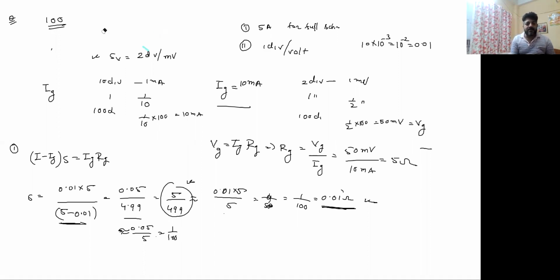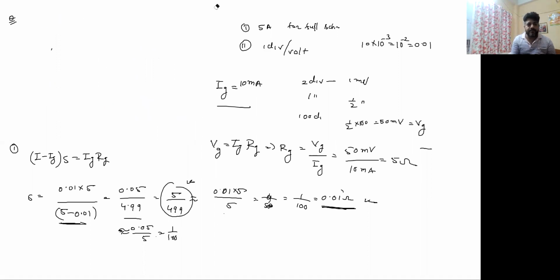Now see the next part of the question. Second part: 1 division per volt. So with 1 division per volt, how many volts do I need for 100 divisions? 100 volts, yes or no? Yes, sir.